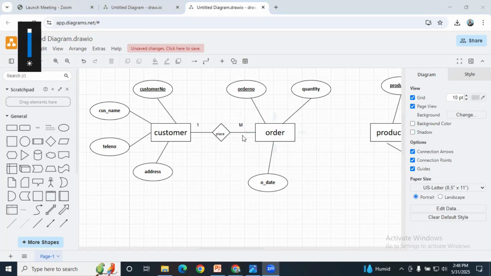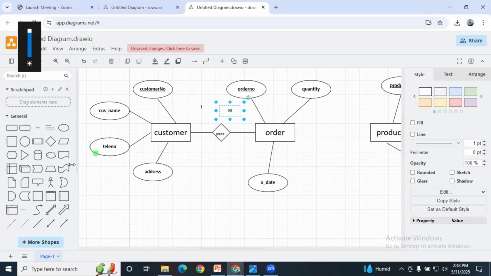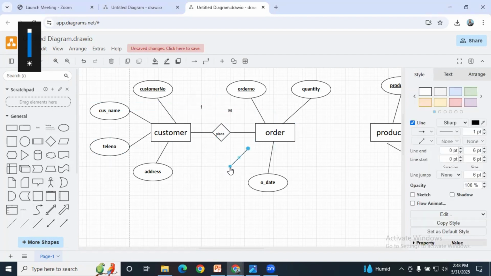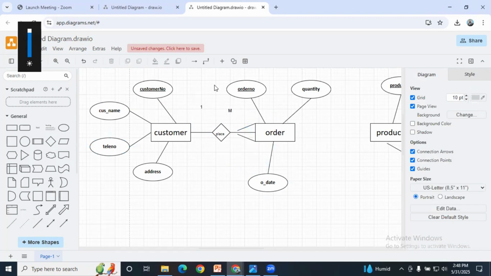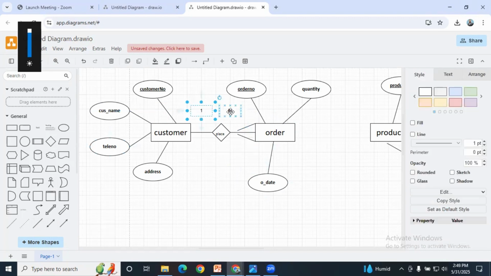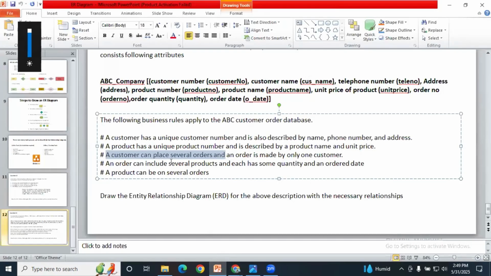We can represent it like this. Or we can remove these two and input the multi-line in here. These two methods are correct. Okay, 1 to M. We can represent it like this.